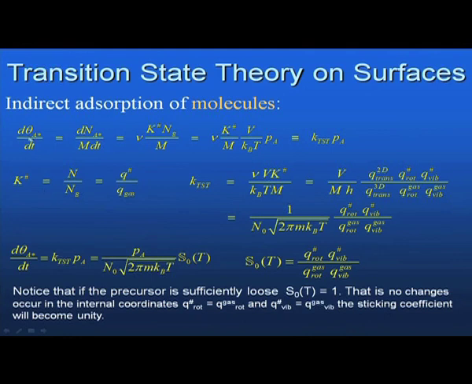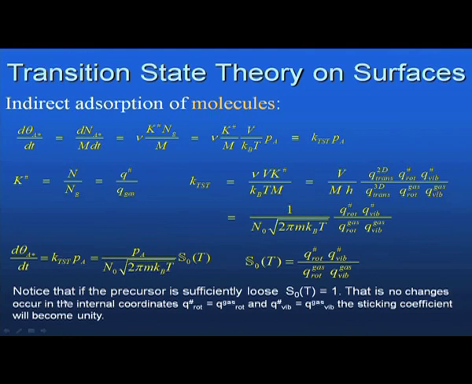So, overall dθA*/dt is equal to kTST into PA, where PA is over here, and you put this over here, with S0T equal to the ratio of these partition functions, that is, rotation and vibration for your transition state and gas phase rotation and vibration. So, rotation vibration double dagger state and gas phase.